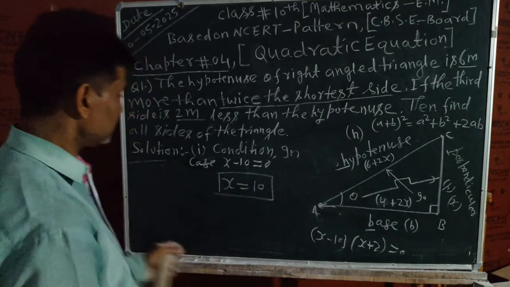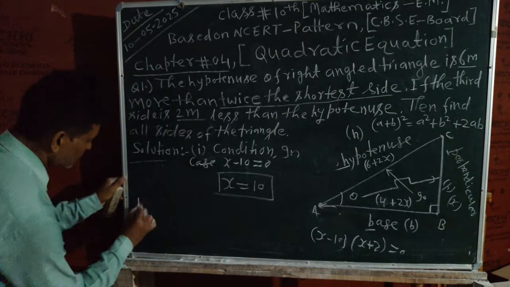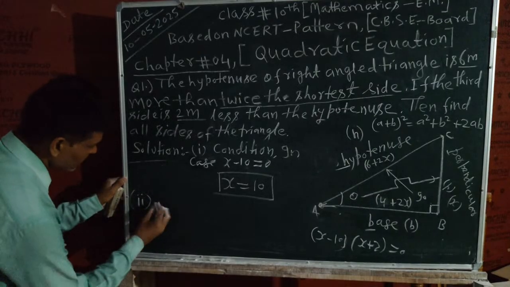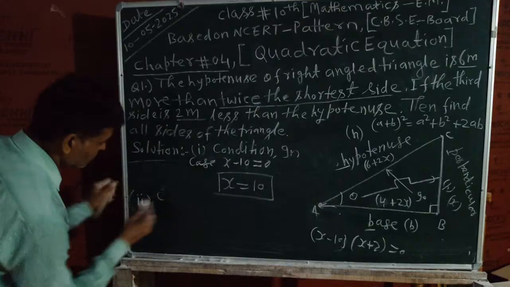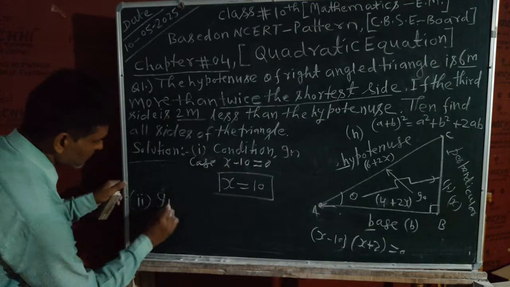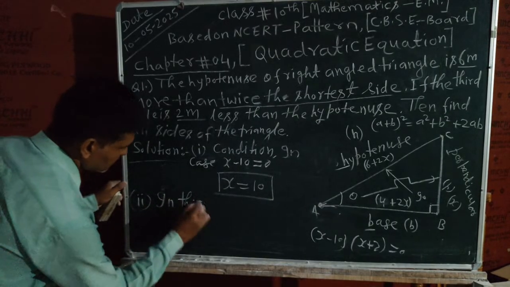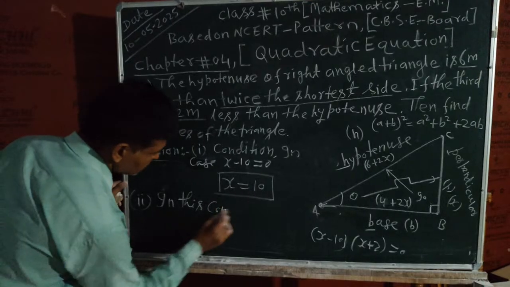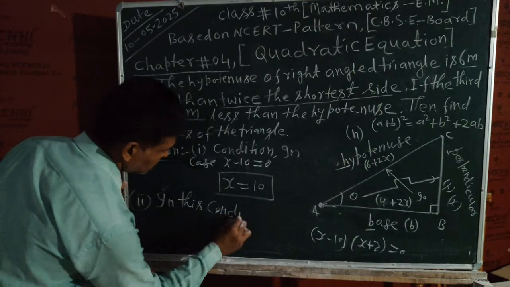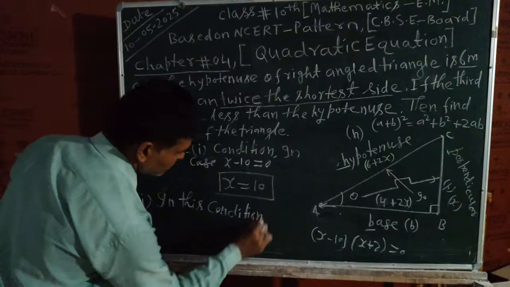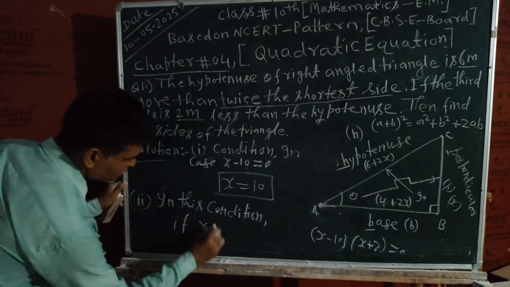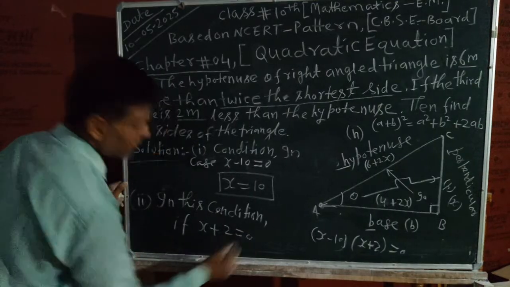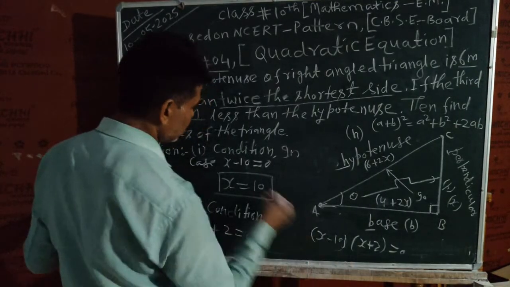Now the second condition I will also use. In the second condition, x plus 2 which is equal to 0, because x minus 10 I have taken above.